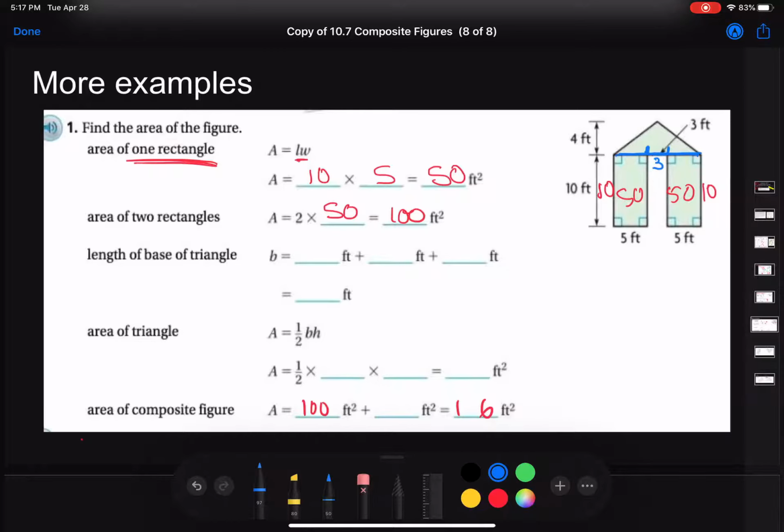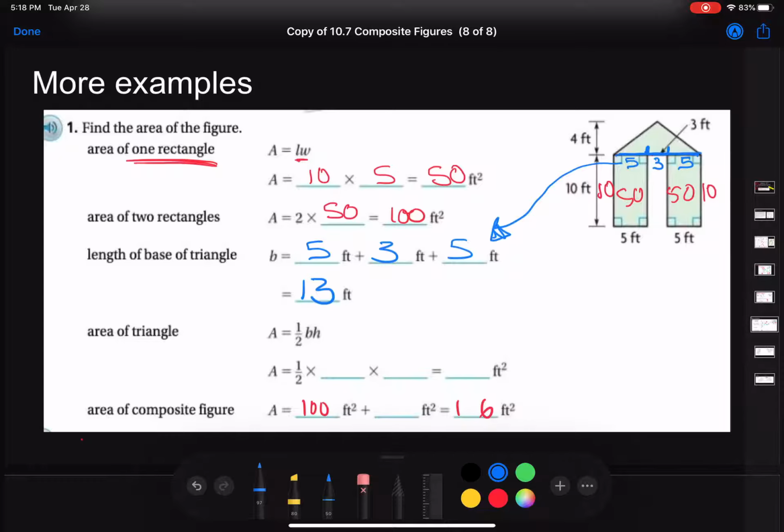But then this little section right here is 5, and this little section right here is 5. So if you notice, the base is 5 plus 3 plus 5 for a total of 13. So now you know your base is 13.